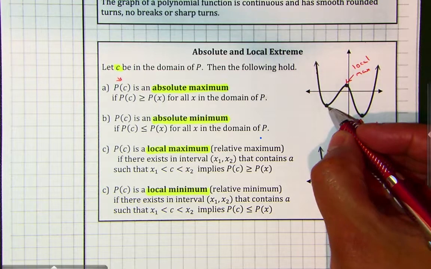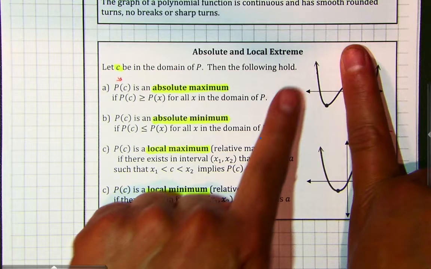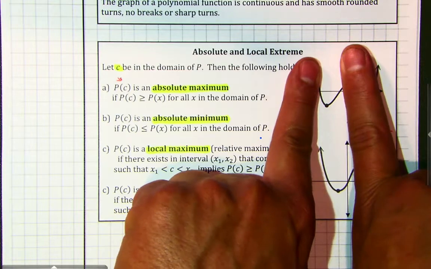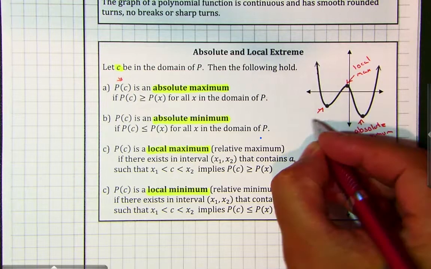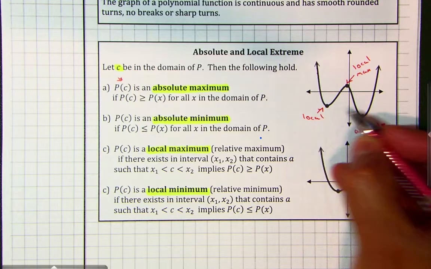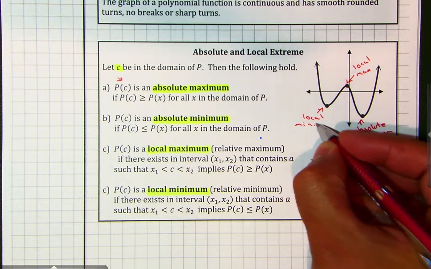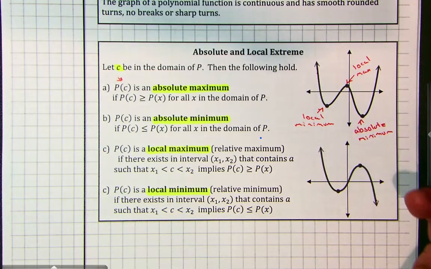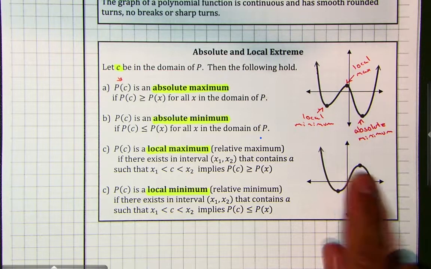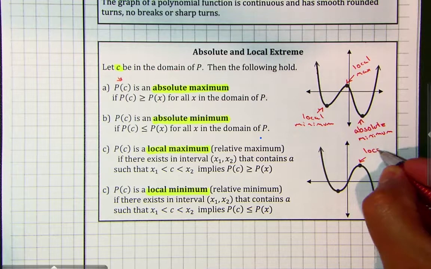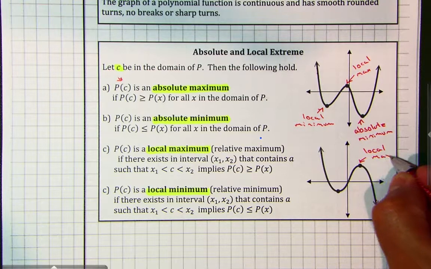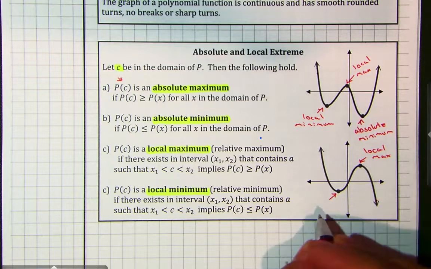Therefore, if we restrict the interval to be from here to here, that is the local maximum. And this one will be the local minimum.